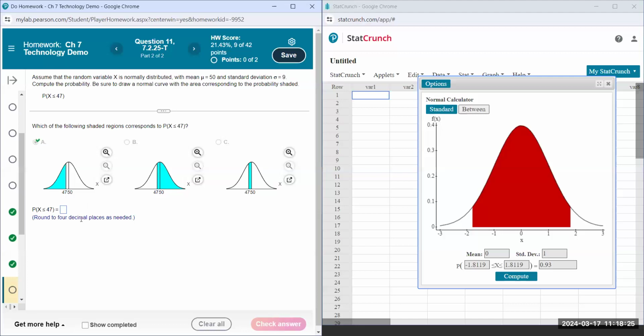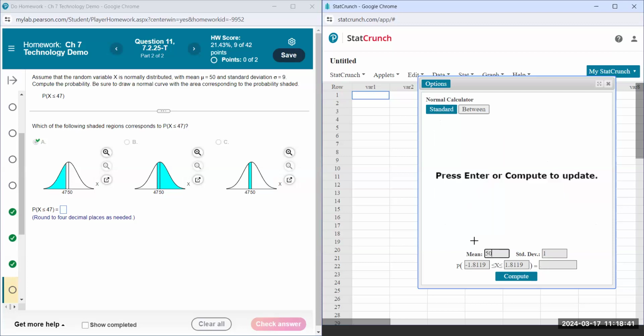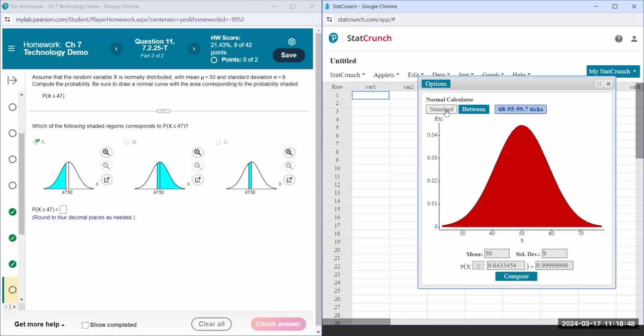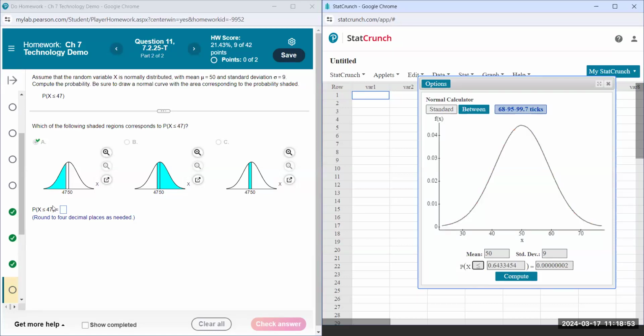Now there's a couple of ways you can do this, but the easiest way is just to go directly to the information given to us instead of standardizing it all. It's a lot more work. So the center is 50, give or take 9 years. So this is 50 years. This is 9 years. First of all, I have to put it also back in standard. And then to the left, this arrow should be matching what your problem is here. And they gave us the X this time.